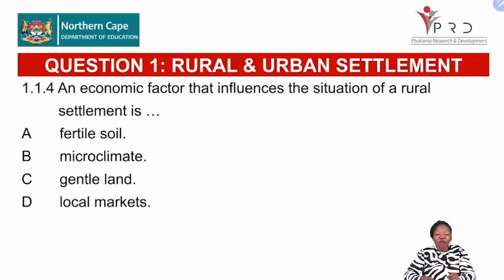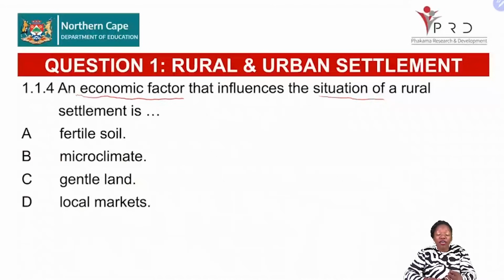Then your 1.1.4, an economic factor. Remember, it is important again to pay attention to what factor the question is all about, because we have an economic factor, we have a social factor, as well as an environmental factor. So an economic factor that influences the situation of the rural settlement is, we are looking in terms of the economic factor.